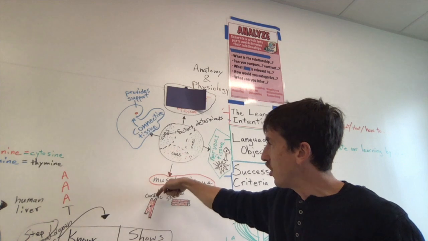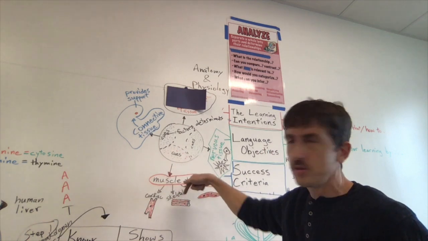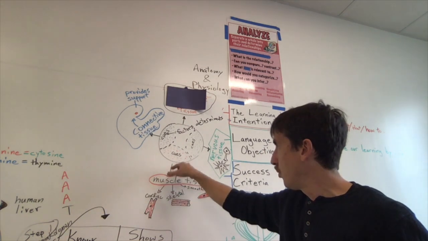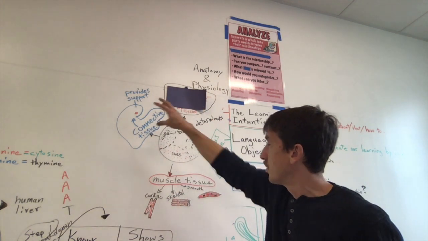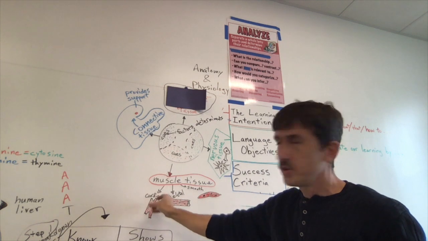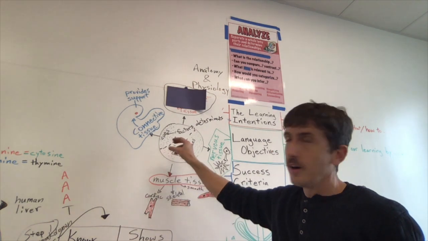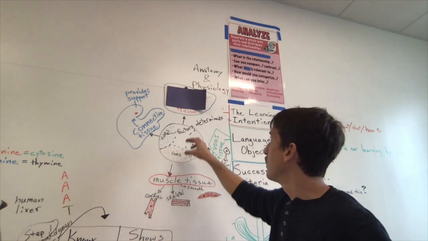This is a cardiac muscle cell, not a skeletal muscle cell. Even within these, they're similar compared to these other types, but it's more specific, and that's because of the environment.